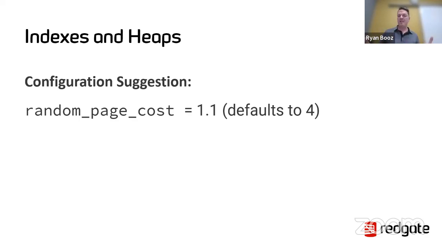Now, sequential page cost is 1.0, so you probably don't want it to be equal to the sequential cost, but making it closer to it means that Postgres is more likely to select your index. So this is one first quick way to understand the impact that a setting in Postgres has on using these new indexes, as you might be excited about starting to try to use them.